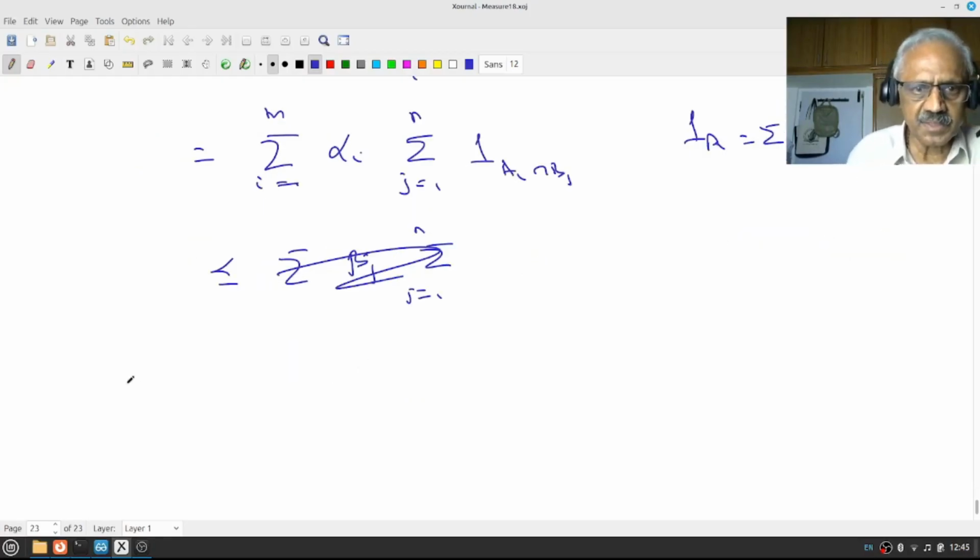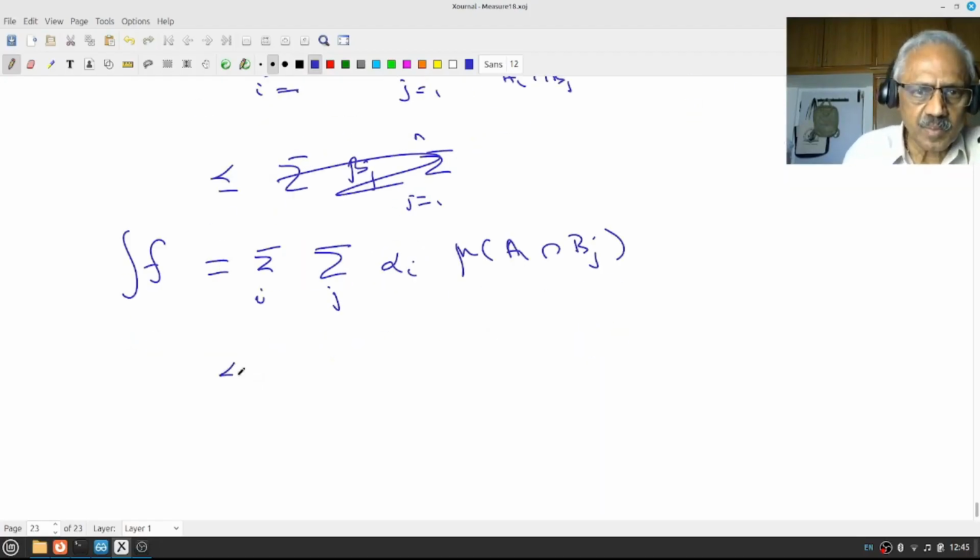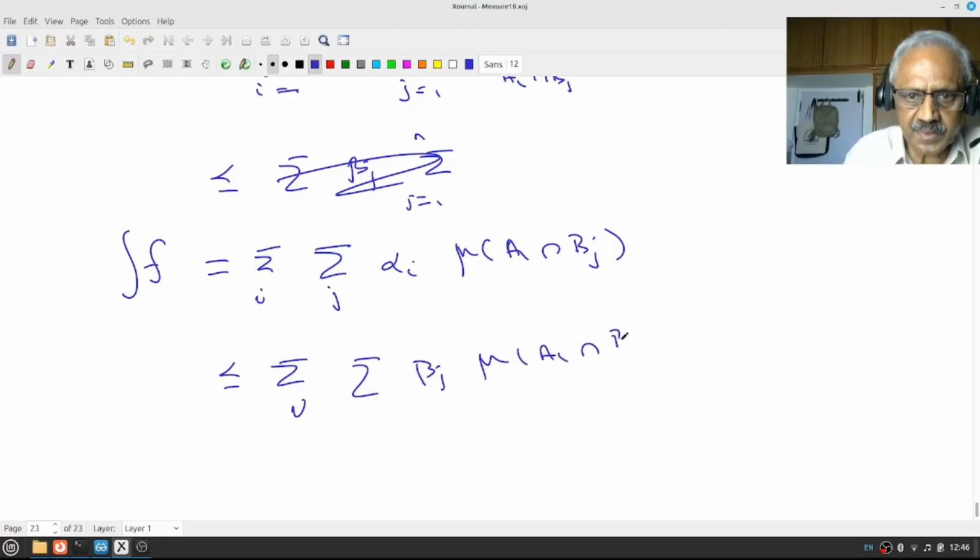Therefore, integral of f by definition is equal to summation over i, summation over j of alpha_i mu of A_i intersection B_j. But this is less than or equal to, since alpha_i is less than or equal to beta_j, beta_j times mu of A_i intersection B_j.